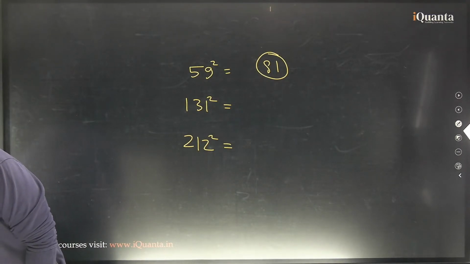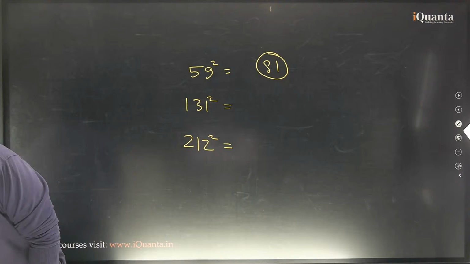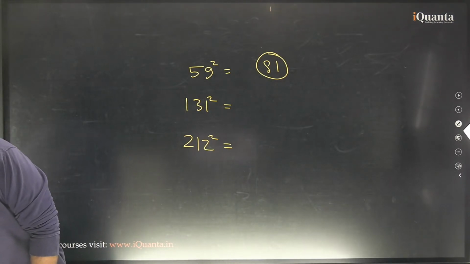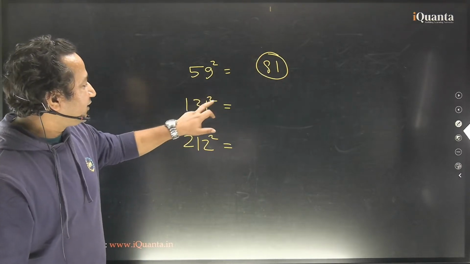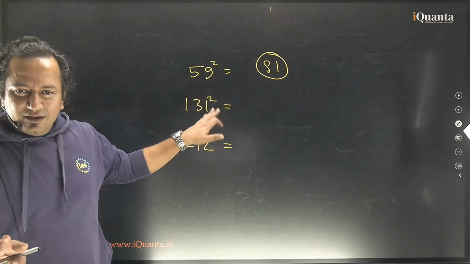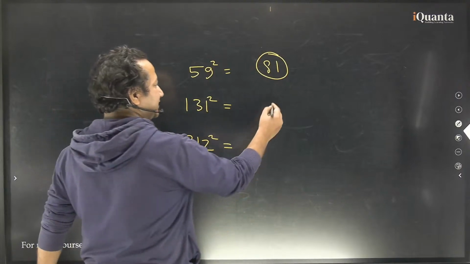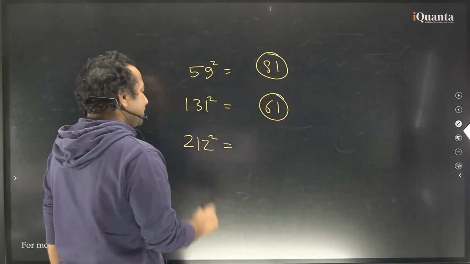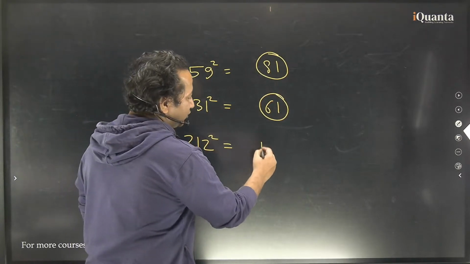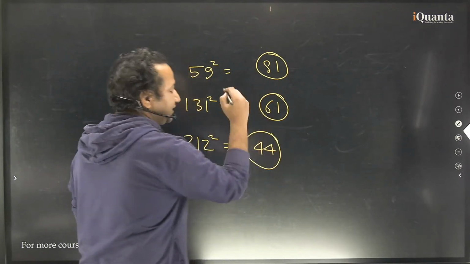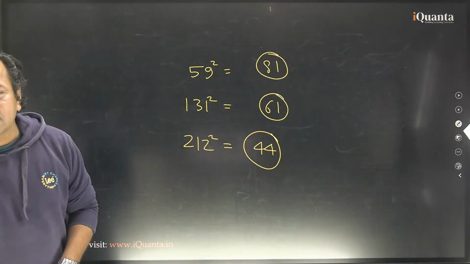Others, you also try to answer. So 131 का nearest multiple is 150. 150 से ये 19 कम है. 19 का square is 361. We'll get 61 in the end. That is what we get. 212 square. ये 200 से 12 ज़्यादा है. 12 का square 144 होता है. So 44 will be the last two digits.